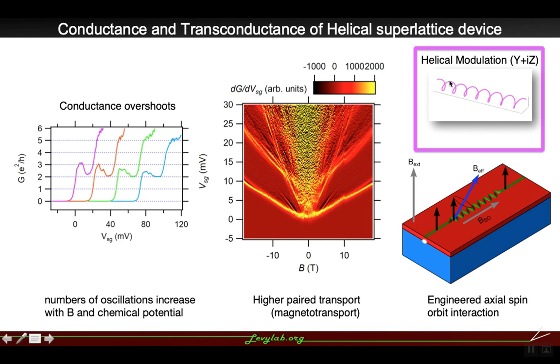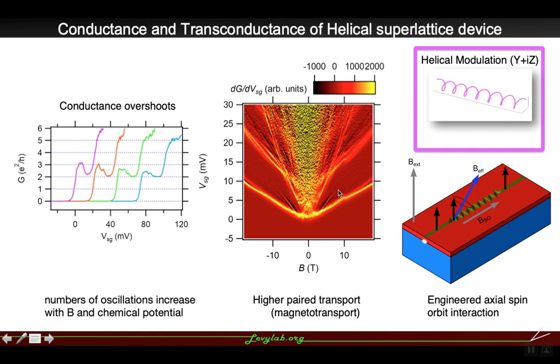Now let's see the helical modulation, which is strongly correlated to the theory. In the conductance figures, there is some overshooting. You can see here the plateaus from before, but now it shows some oscillations, and the number of oscillations also increases when the magnetic field is increased.